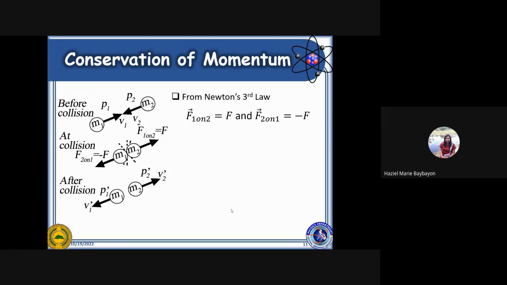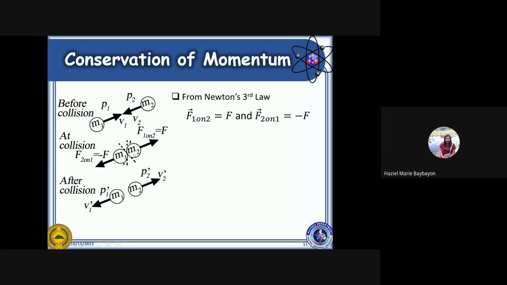Now, from Newton's third law of motion, the law of action and reaction, the forces that the balls apply to each other have equal magnitude but opposite direction.